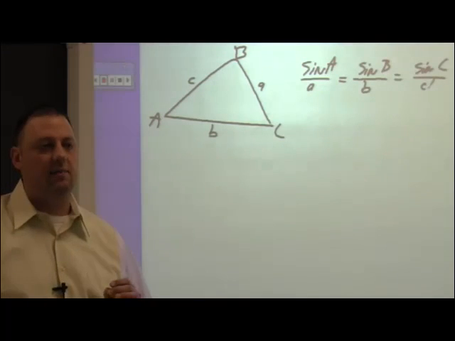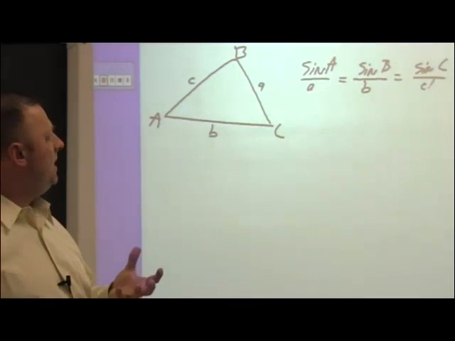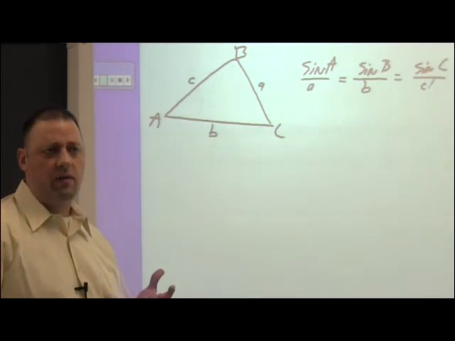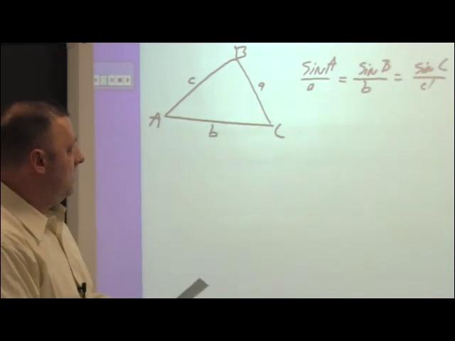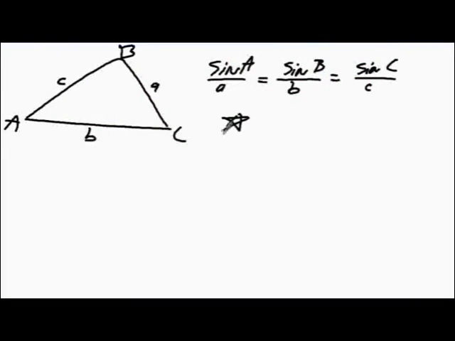Now, one thing you need to keep in mind: when can I use the law of sines to solve a triangle that doesn't have a right angle in it? So I'm going to write that down. It's a key thing to know.